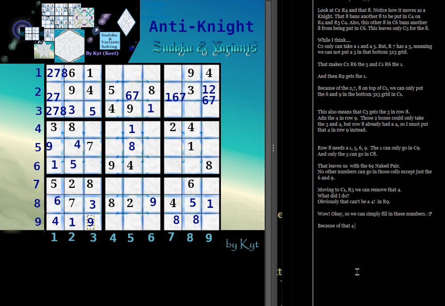Because of that 4 in column 3, we cannot put a 4 in row 9. And technically, that spot could be a 6 or a 9.